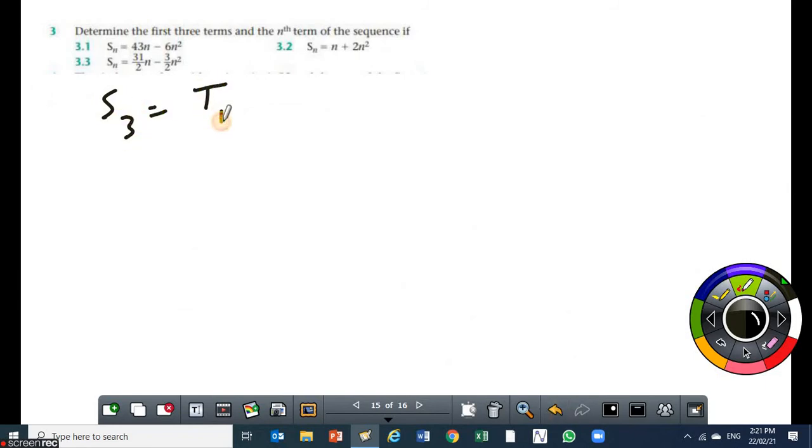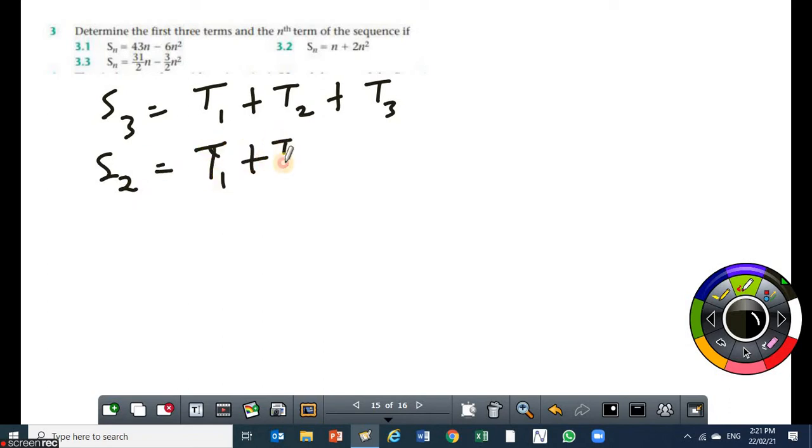S3 will be equal to T1 plus T2 plus T3. You agree with me on that? And then if I say S2, it will be equal to T1 plus T2. You agree with me?